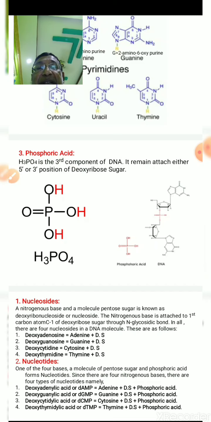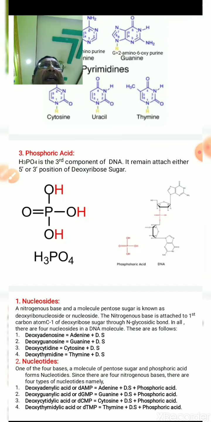On my right-hand side, I have given a structure showing that this phosphoric acid remains attached at either the 3' or the 5' position of the deoxyribose sugar. This link is popularly known as the phosphodiester linkage. The phosphoric acid structure is shown here. The formula is H3PO4, and one phosphate has 1 oxygen and 3 OH groups.